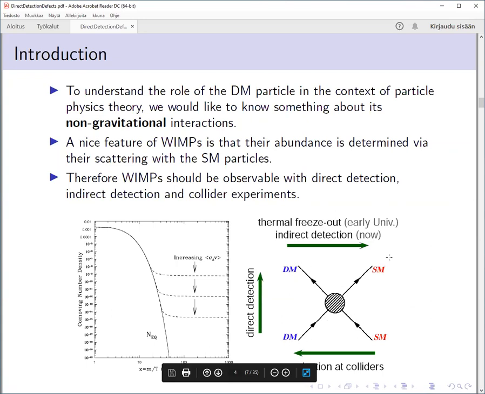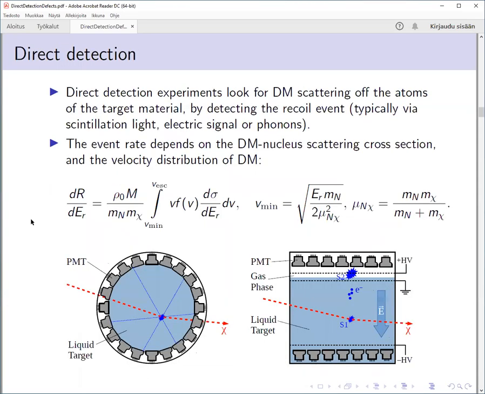So elastic scattering between dark matter and standard model, where we, of course, observe the standard model particle and see it getting a recoil from this collision with the dark matter particle. So this is the idea. So the direct detection experiment in all simplicity consists of some bulk of matter that we are watching very carefully, and that we have isolated from any radiation sources or whatever.